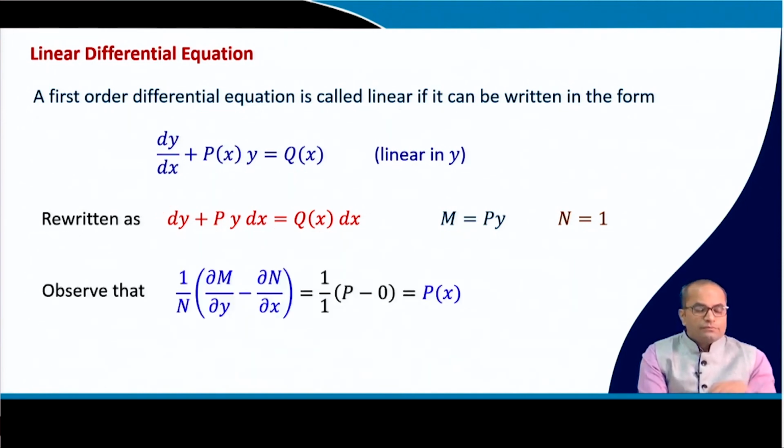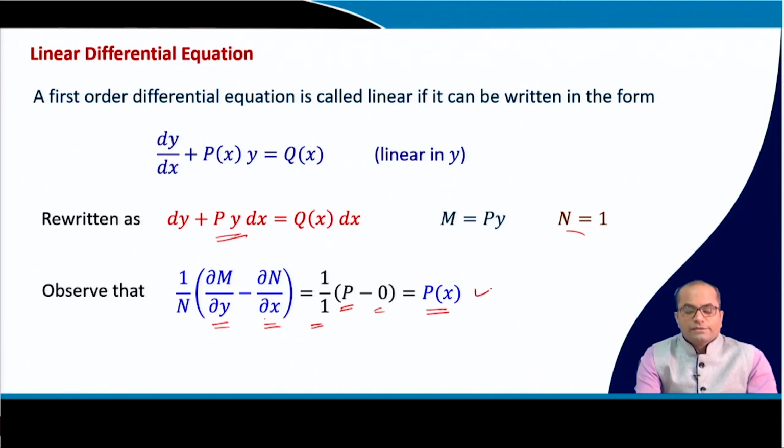And then we observe that 1 over N times (My minus Nx) is equal to, since N was 1, del M over del y, which is p, minus del N over del x, which will be 0. So we have just p(x). So 1 over N times (My minus Nx) is p(x).